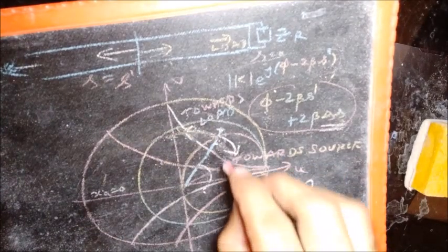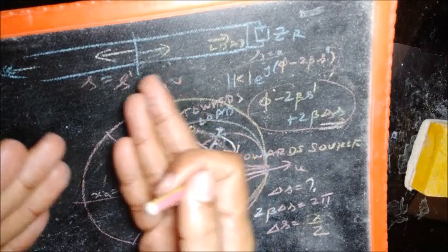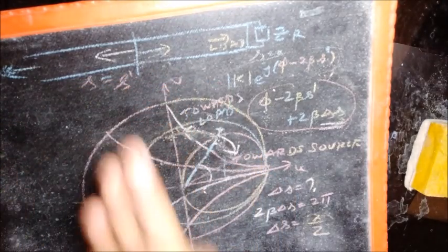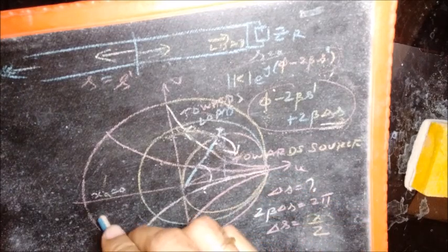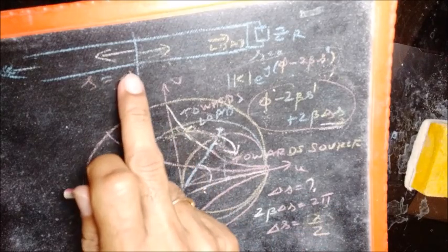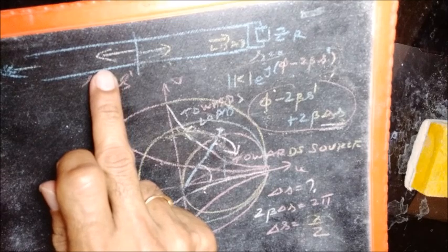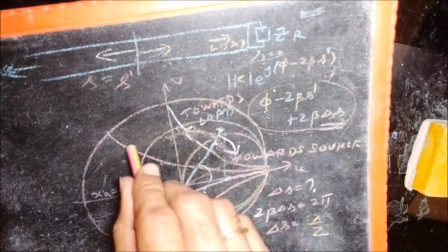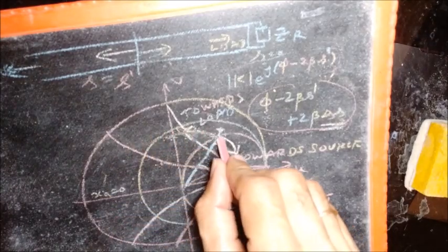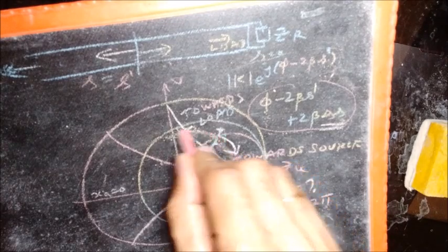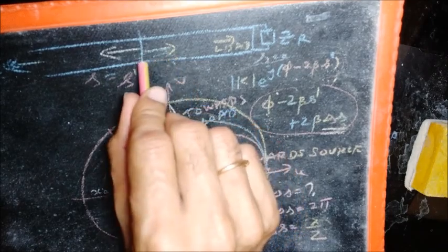So remember that one circling around the Smith chart refers to a linear movement on the transmission line, a distance of lambda by 2. And if this circling around the Smith chart is in the clockwise direction, you will be moving lambda by 2 in the linear direction towards the generator or the source. And if you are circling around the Smith chart in the counterclockwise direction, one round translates to a distance lambda by 2 on the transmission line towards the load.